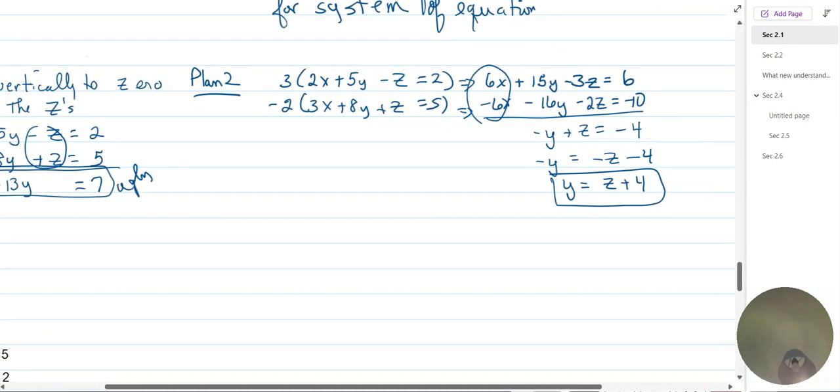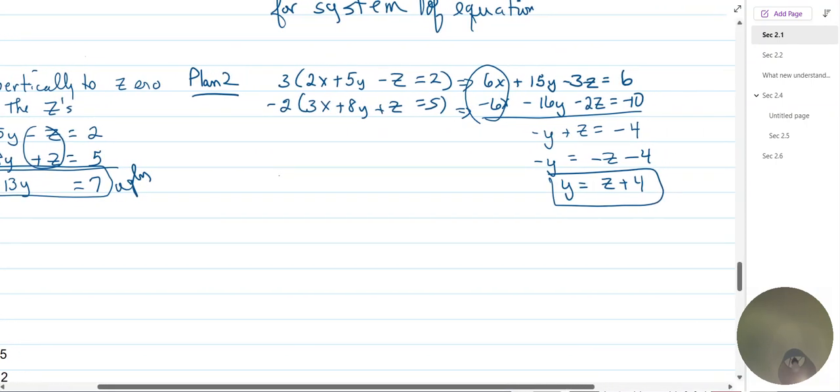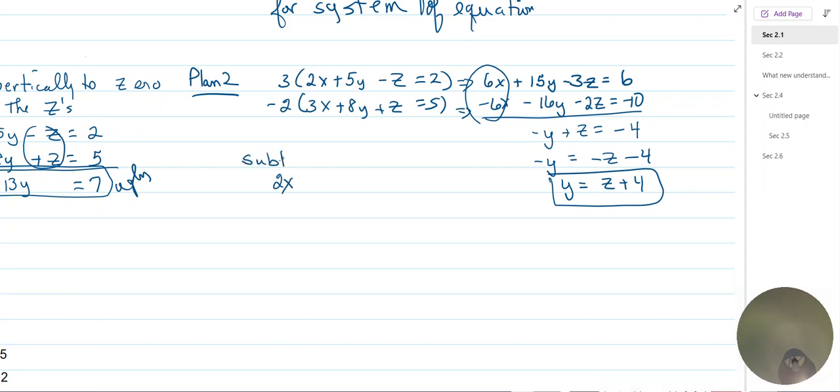All right, so here we go. So I have 2x. Now we're going to substitute. Because we know we're going to have many solutions. 2x plus 5y minus z equals 2. And for this guy right here, we're going to use that.